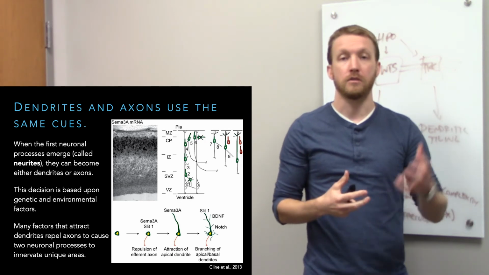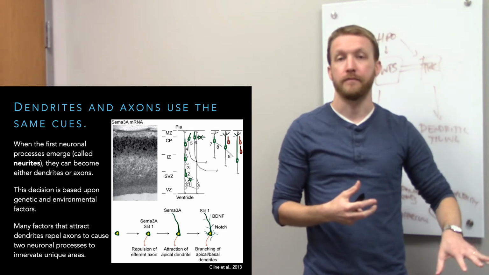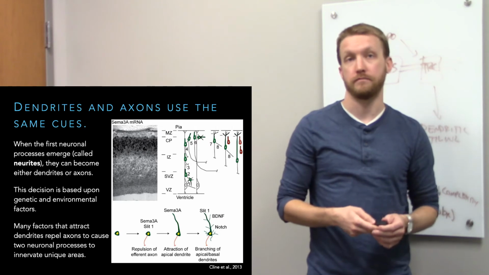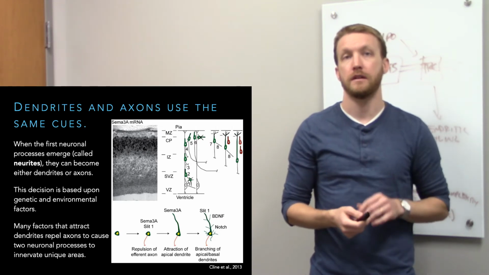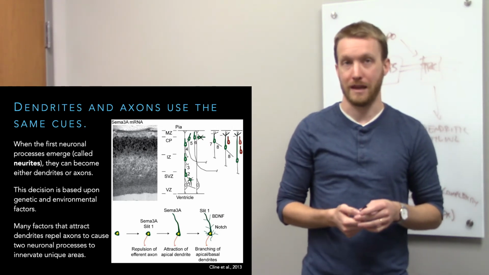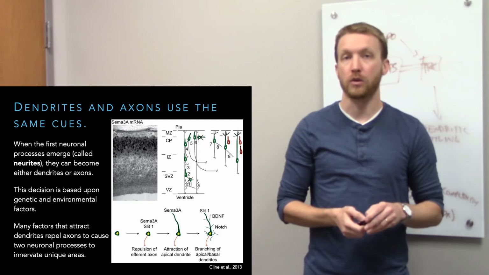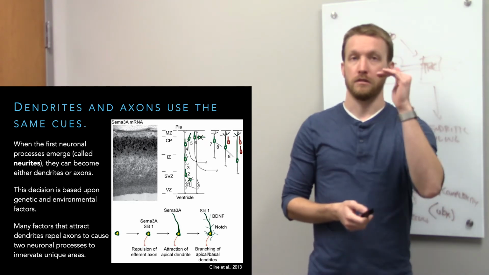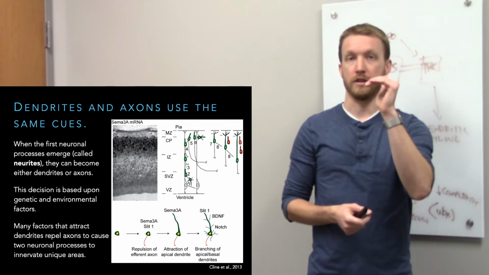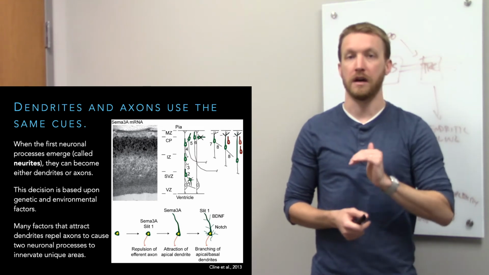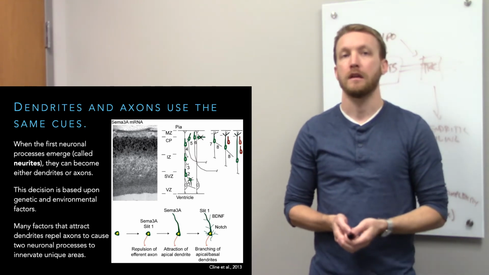One neuron is going to want to project its axon away and grow its dendrites locally. So here we can see a SEMA3A gradient in the cortex. The top would be more the apical surface, and on the bottom, ventricular.